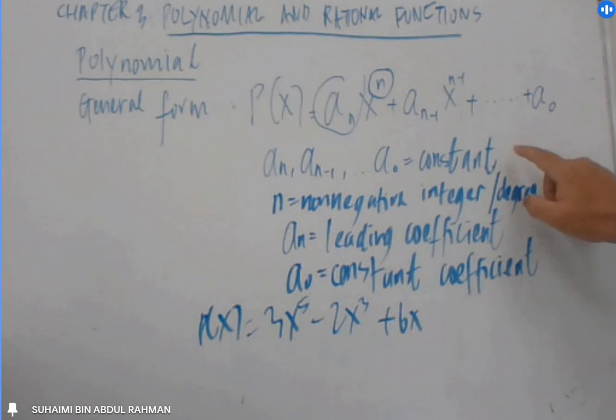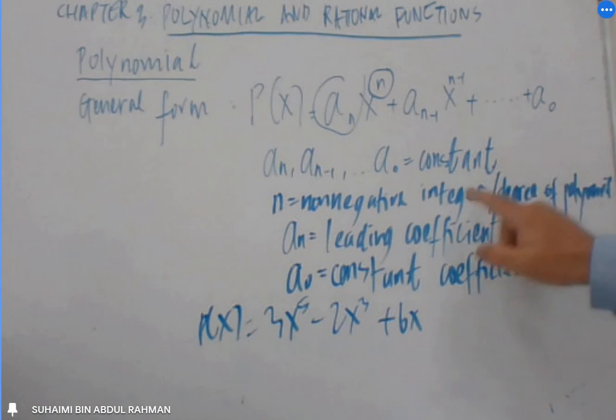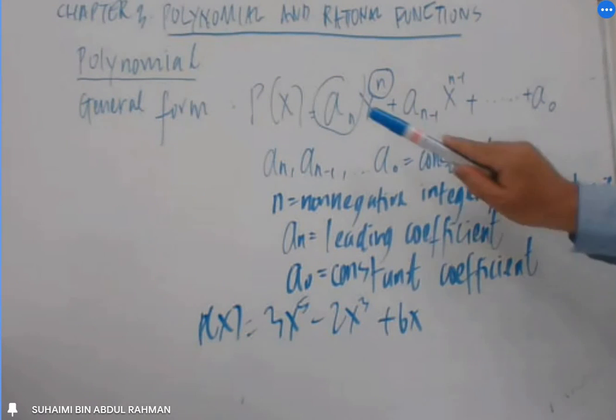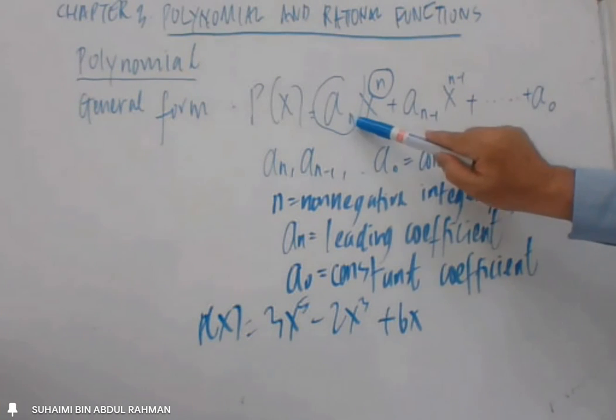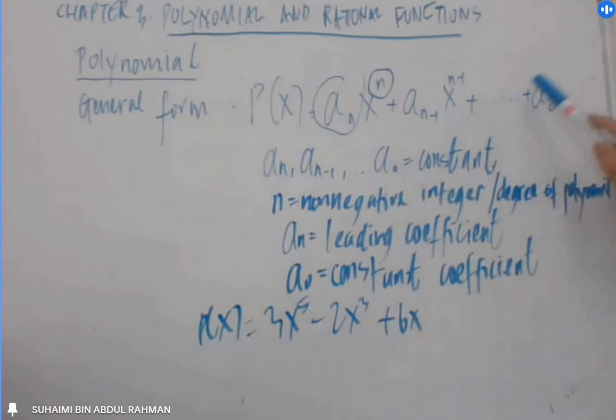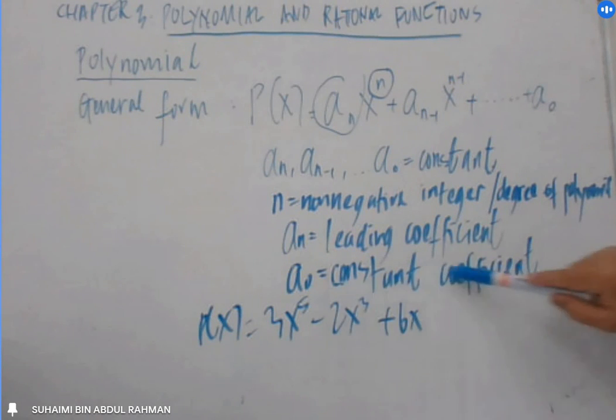What is a_n in this case? The value of a_n is 3. What is a naught? A naught is the constant coefficient.